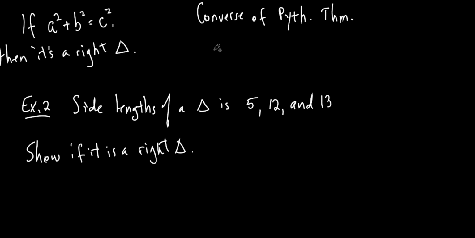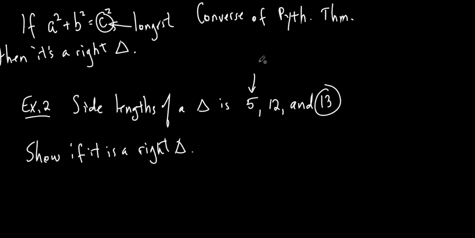Remember, the c in a squared plus b squared equals c squared, c is always the what side? The longest side. Now, if I don't know if it's a right triangle, I can't call it the hypotenuse, but I know it's the longest side, okay? So out of these three numbers right here, which is the longest side? The 13.